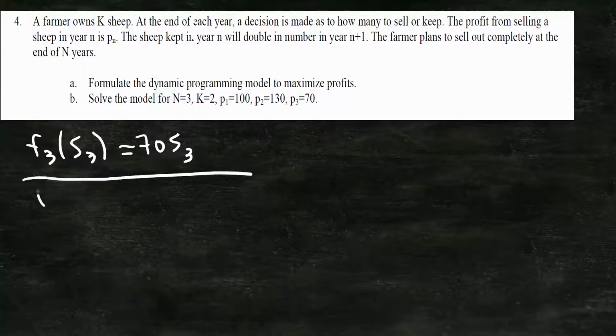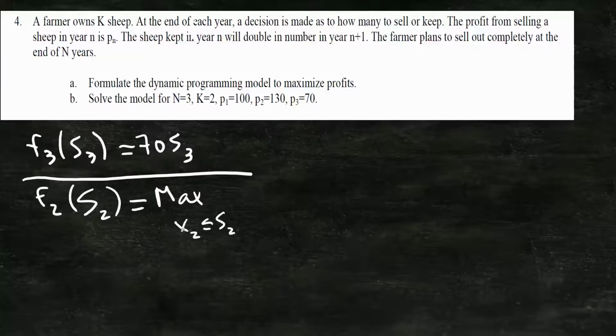Now let's go to the next one, which is F2. Let's do the same thing for S2. Here I don't know how many I'm going to sell and how many I'm going to leave for the end, so I have to maximize over some x2 that cannot be greater than S2 and 0.